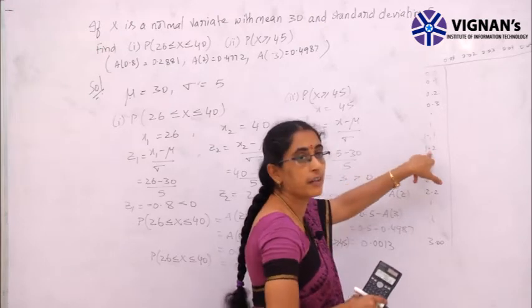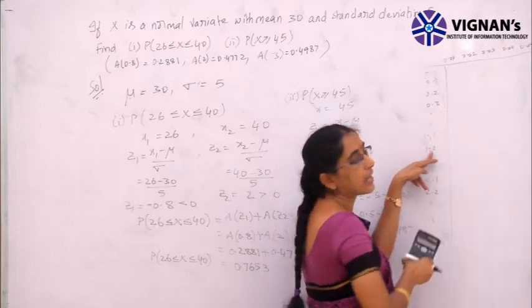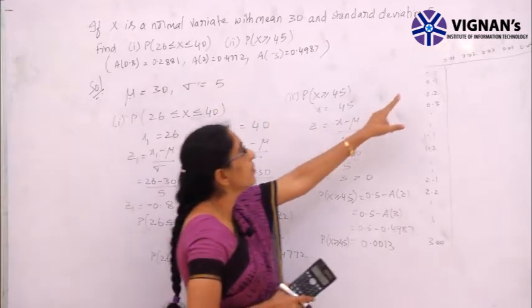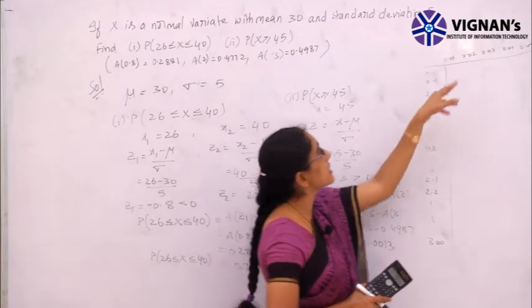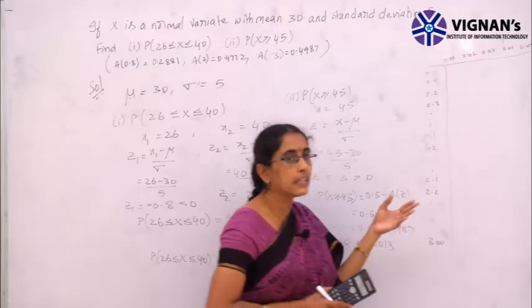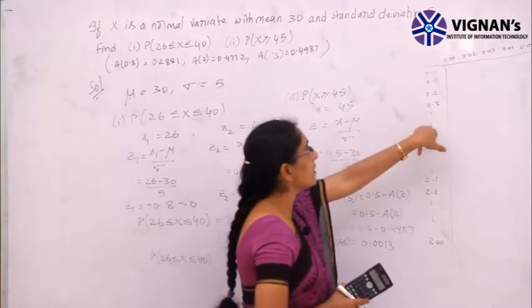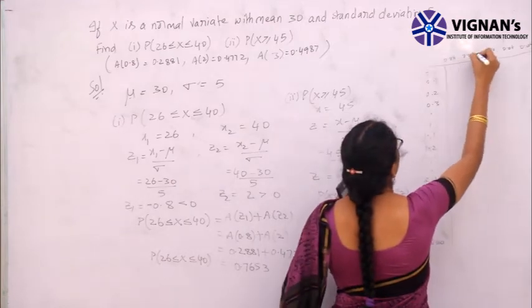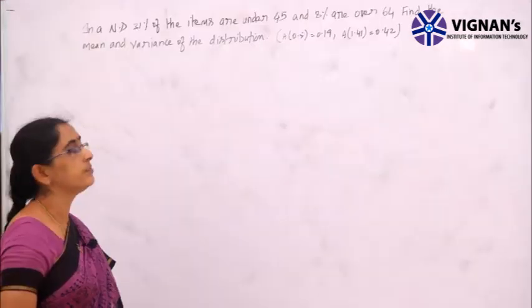Here we have to see 1.2, and after the decimal the second digit, and the coincidence value will be the table value. So the integer plus the first digit after the decimal will be vertically, and the second digit after the decimal will be in the top row. The coincidence value is your table value. Here you have observed that z is only 0.8, so we have to see under 0.8, under 00, then 1, 2, 3, 4, 5, and so on till 9.